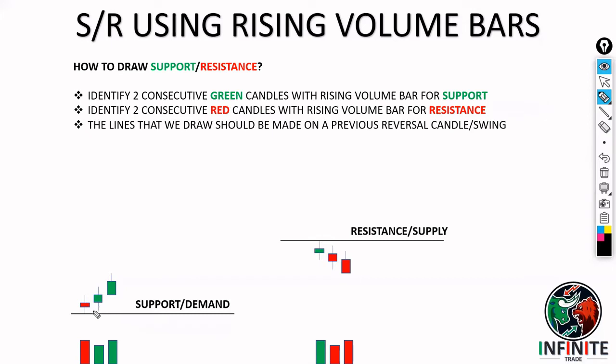You can draw a line just right below this, because this is the candle where the 2 rising bars got initiated, or if you see a reversal candle or a doji kind of candle just previous to the rising volume bar candle, you can mark that. I prefer marking this. Or if the price is falling and there's a swing here and suddenly you see 2 green candles, I prefer marking this swing as a support. So that's how you improvise it.